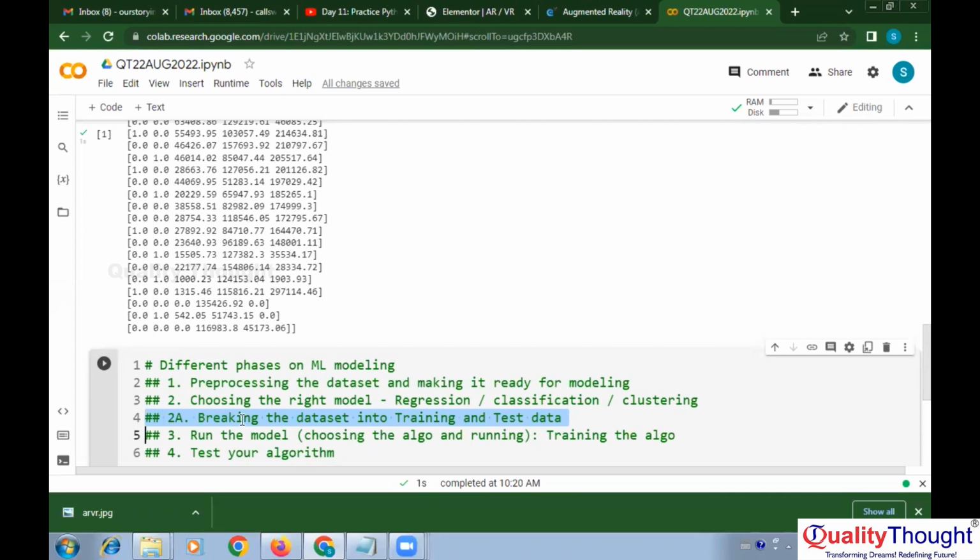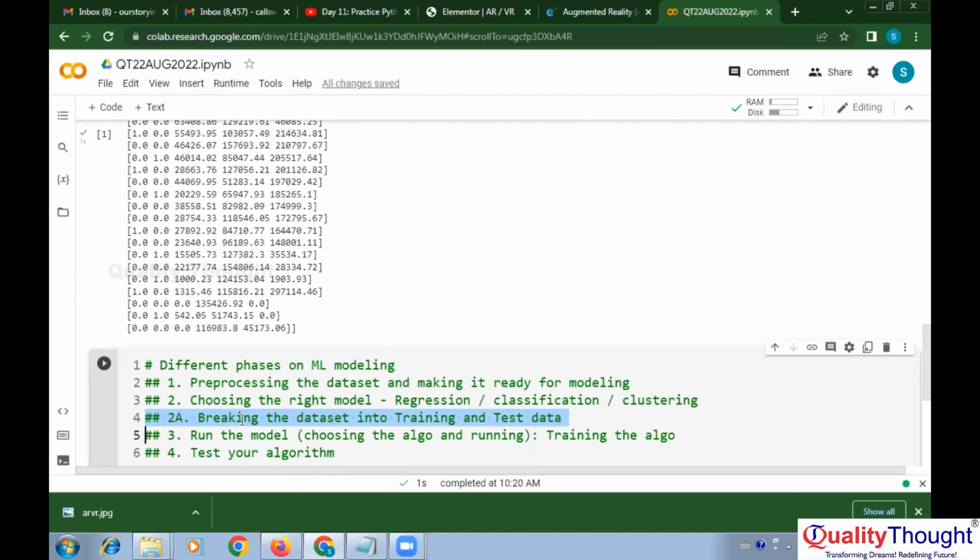Pre-processing, making your model ready, making the data set ready, will be 70% of your effort, or maybe 60%. 10% is running the model, because running the model is nothing. You just select regression, a list of 100 algorithms you already have, and start running all these models one by one.